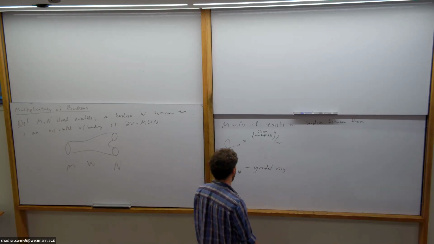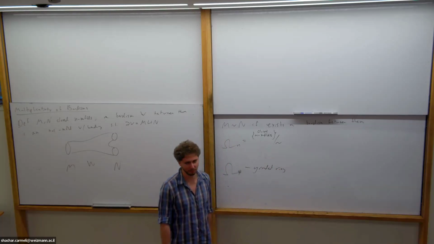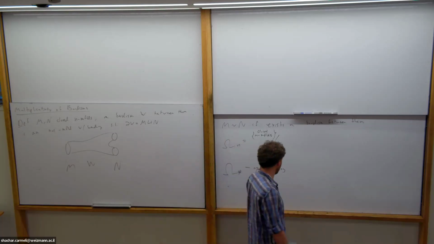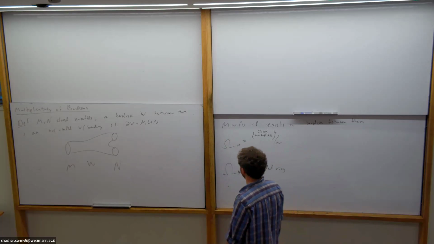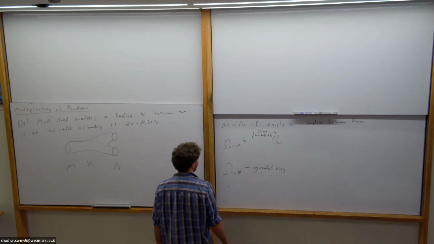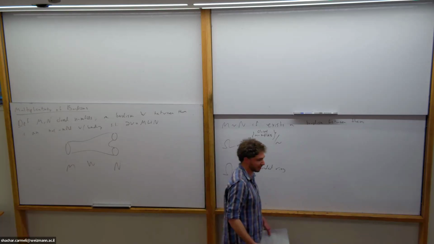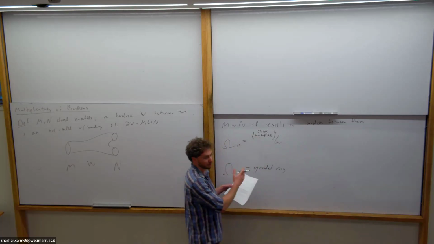If you take a manifold of dimension n and a manifold of dimension k, and you multiply them, you get something of dimension n plus k. So we don't just want to find the equivalence classes of bordisms as sets. We want to describe this graded ring.